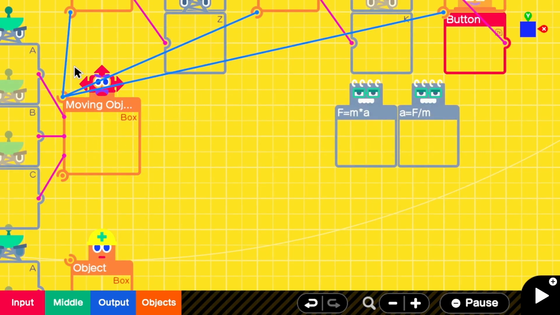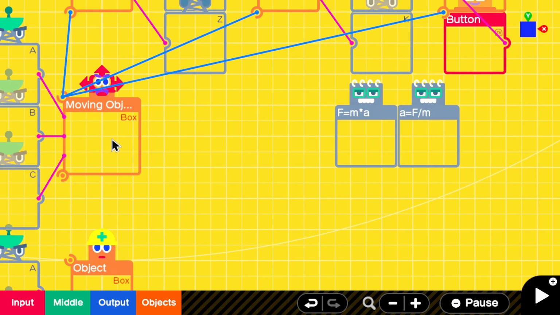If we send an input of 1 here, the game will apply a force of 1m on this moving object. Now, since the mass of the object is m, m over m is equal to 1. So that's why the moving object will accelerate by 1 meter per second.